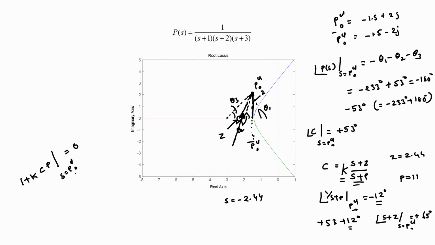So, to determine the controller gain K, all we need to do is to compute K as minus 1 by C times P, where C is given by this particular transfer function (s plus Z) by (s plus P), where Z is 2.44 and P is 11, and the plant transfer function of course has already been specified to us and I am underlining it there for you.